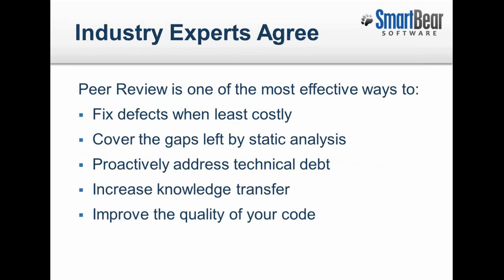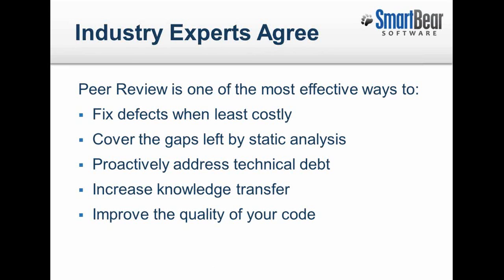One of the things I wanted to emphasize is that peer review is one of the most effective ways to fix defects when they're least costly. It covers some of the gaps left by static analysis, proactively addresses technical debt, and increases knowledge transfer, as well as improves the quality of your code.